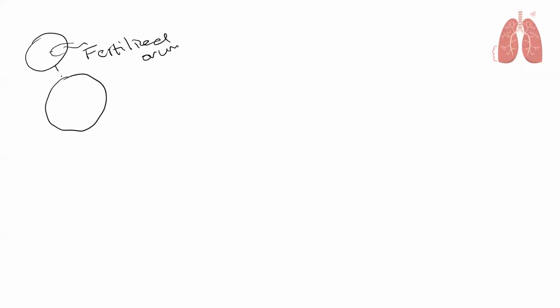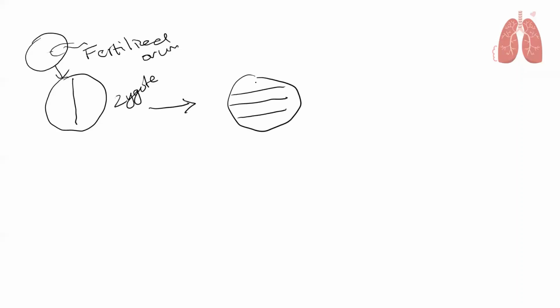Everything starts with the zygote, right? Actually, with the fertilized ovum, you have the sperm in the ovum and you have the fertilized egg first. Then you have the zygote with 2 cells, and this divides while traveling through the fallopian tube into about 12 to 16 cells.